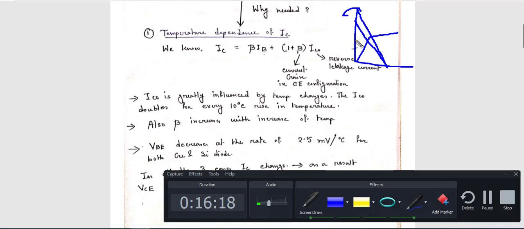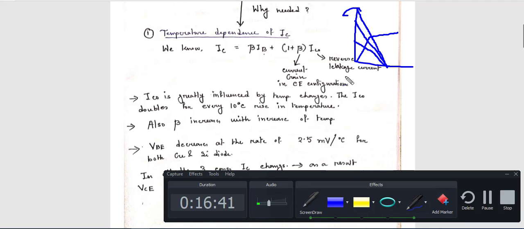Suppose your IC is here. Now again if you want to draw a straight line, that means the load line, your curve will be like this. That means your operating point is here. So it is seen that if IC varies, automatically the operating point or Q point will be shifted, either to this side or this side. Now if the Q point is shifted, this is not stable.